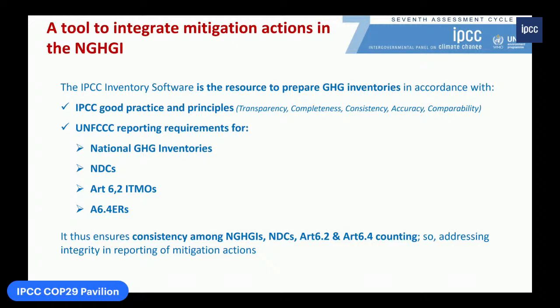You may have your Article 6.2 activities. You may have your Article 6.4 activities. All the estimates will then be consistent with the IPCC guidelines and corresponding to the requirements of UNFCCC. So the integrated approach is very important.